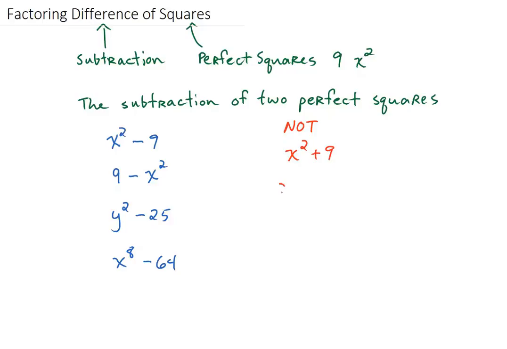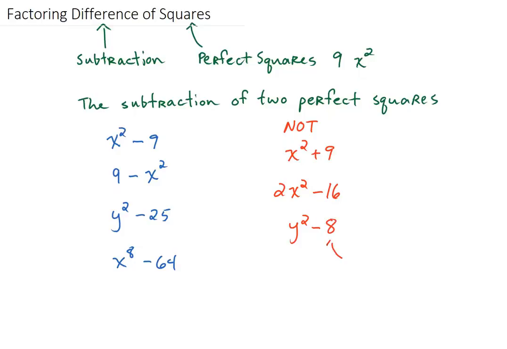Let's say you have 2x squared minus 16. Here x squared is a perfect square, 16 is a perfect square, but 2 is not a perfect square. Since 2 is not a perfect square, the whole term is not a perfect square, and so this is not a difference of squares.